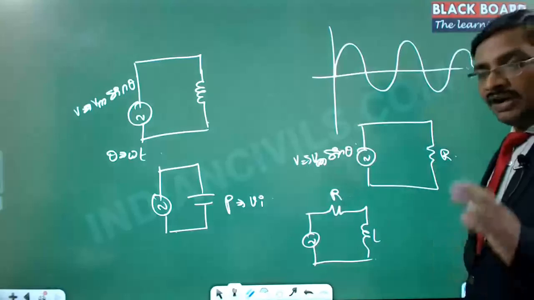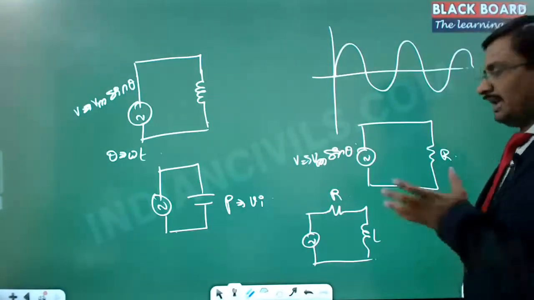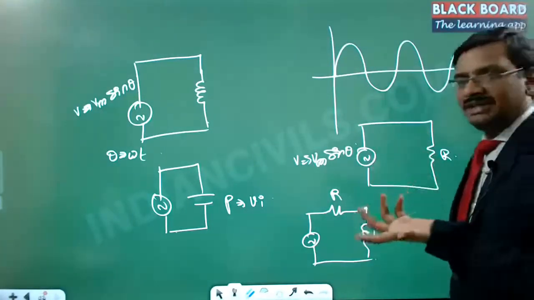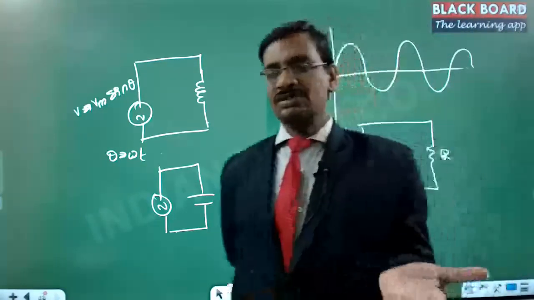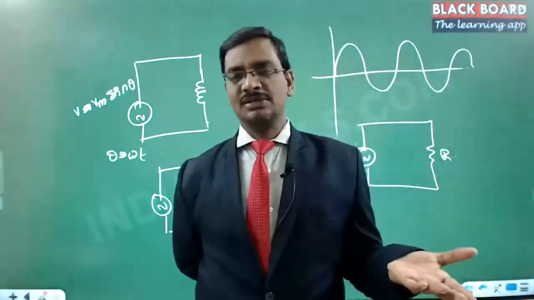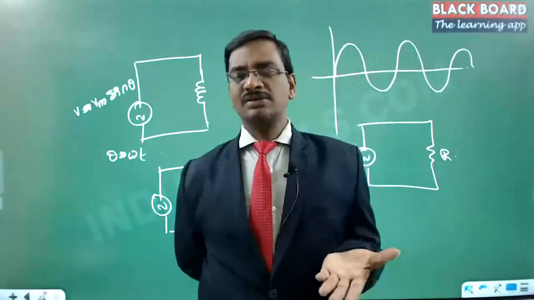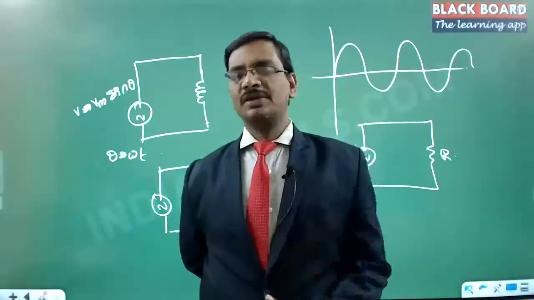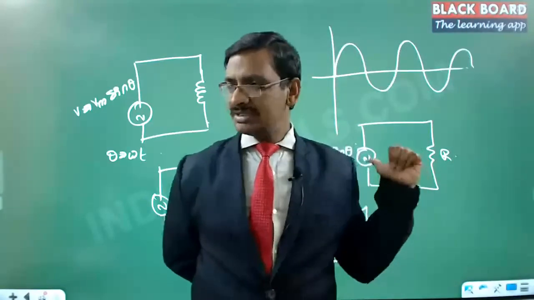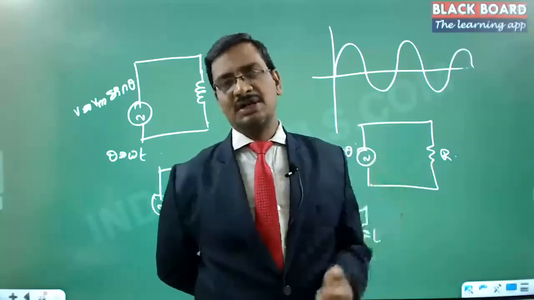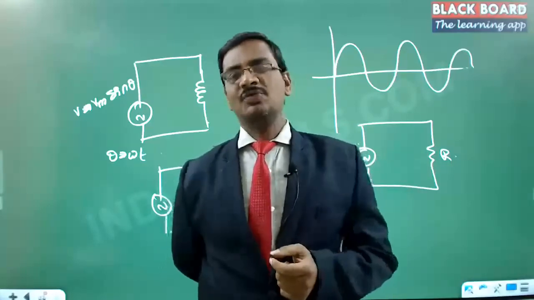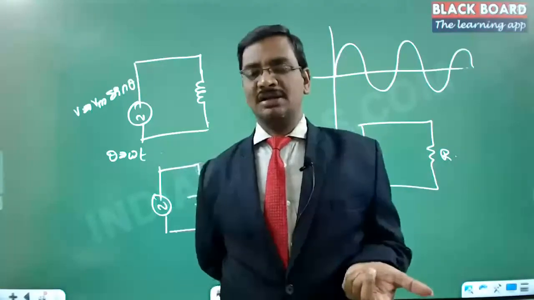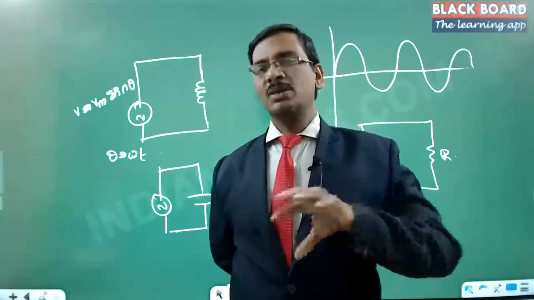Got it? So fundamentally, you think along these lines: in DC, everything is constant. Voltage is constant and current is also constant. Because voltage and current are constant values, the product of V into I at any point of time is always a constant value. But in AC it's not. If you take the average value, what we did, because it is not constant, depending upon the purpose, we came to a conclusion.